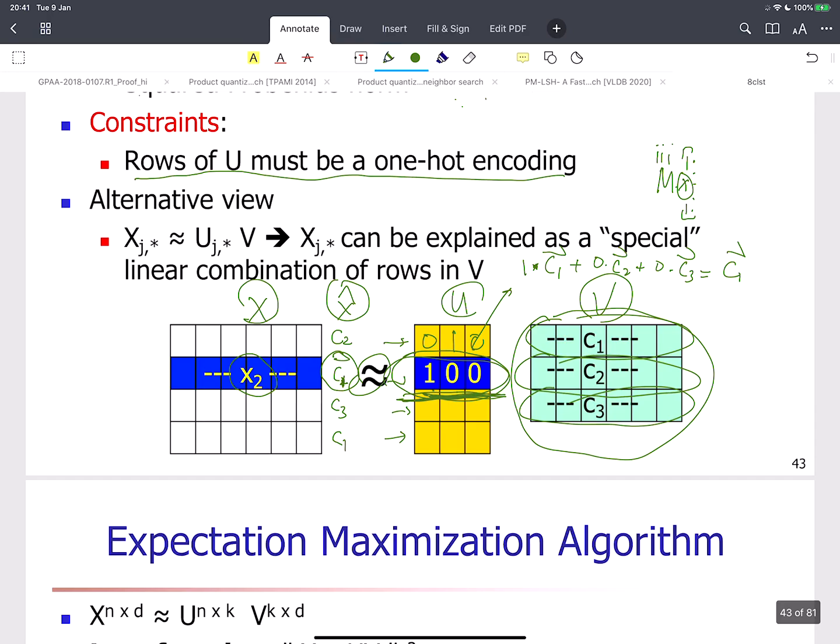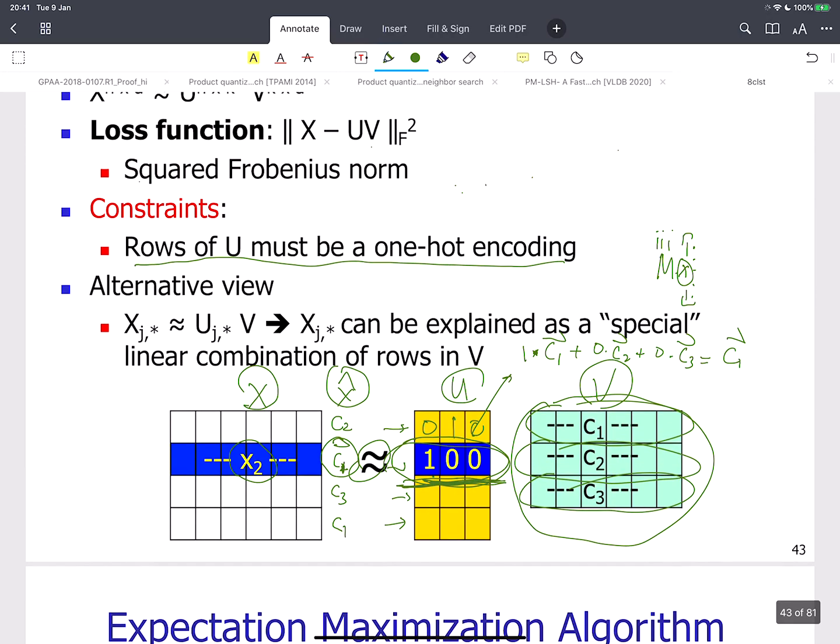Okay, so in other words, the original problem is really to minimize this loss function. And again, this formulation does not give us better algorithms, but just like in data mining and machine learning, I think it's very important to look at the same problem from very different angles.